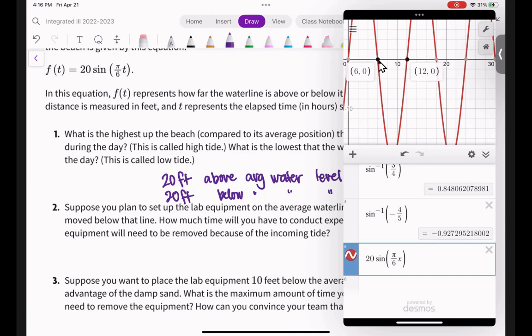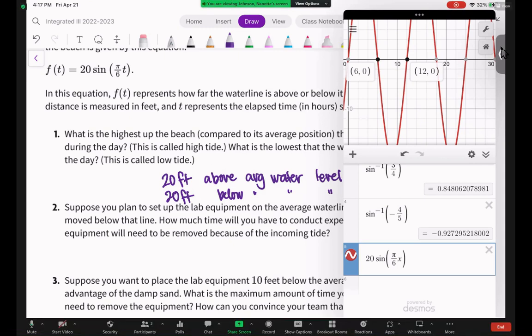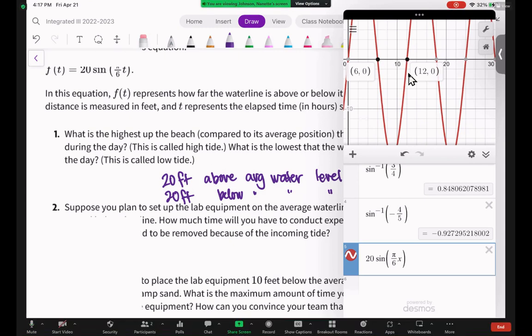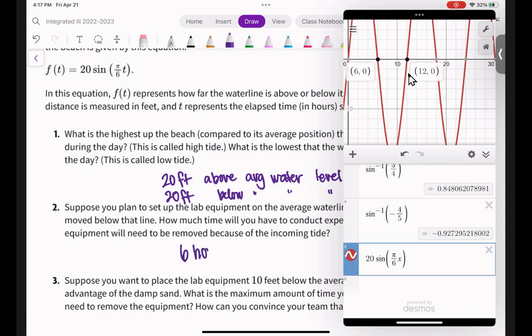Over here, it's at 12, which makes sense, right? Because it's high tide, low tide based on a 24-hour period. So how long do you have from here to here? And you're like, oh, that's 6 hours. Okay. Exactly. So this is 6 hours.